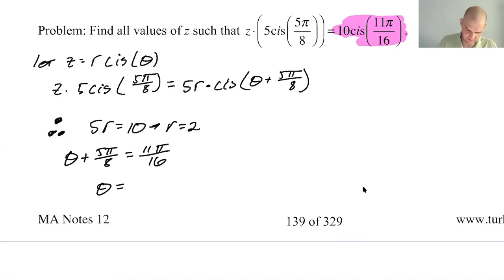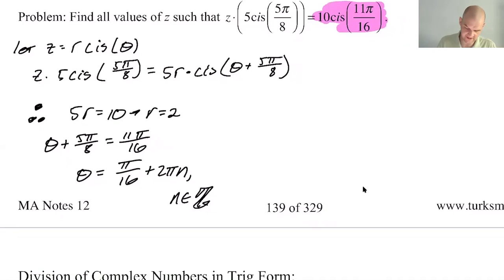So theta should be, 10 pi over 16, 11 pi over 16, so 11 minus 10, pi over 16. So we get this, but every angle coterminal with that is going to work. So I'm going to say plus 2 pi n, where n is an element of the integers.